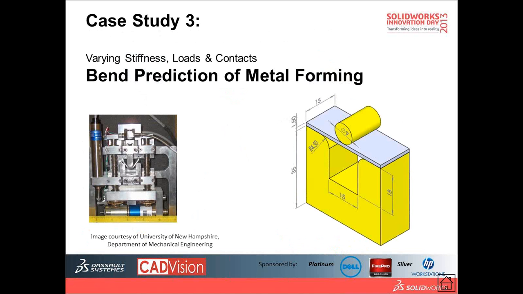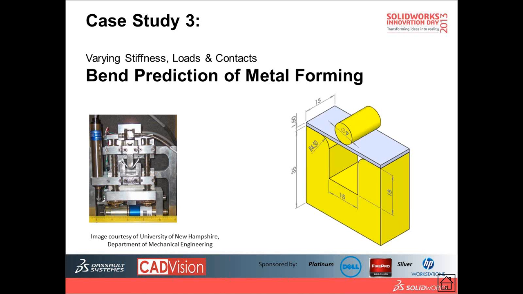So let's have a look at this case study 3. It is a bending prediction of metal forming, right? So on the left-hand side, we can see this is what we're trying to do. There is a punch that will punch the metal plates to provide a bend, right?